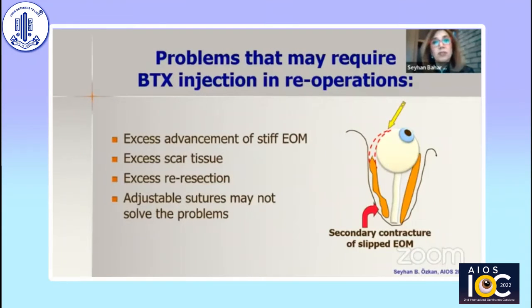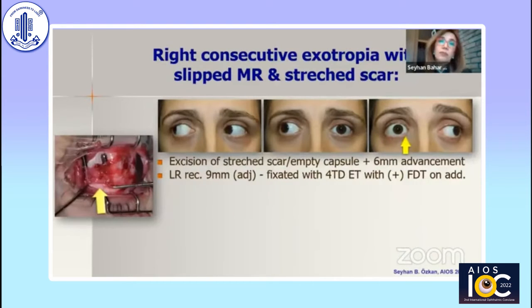So there are some specific problems that may require toxin injection in reoperation patients. And these are excess advancement of stiff muscles, excess scar tissue, excess re-resection, and adjustable sutures may not always solve the problems. This lady has a right consecutive exotropia with slipped medial rectus muscle in combination with stretched scar. So this stretched scar and the empty muscle capsule was excised with some advancement, and the lateral rectus muscle was recessed on adjustables.